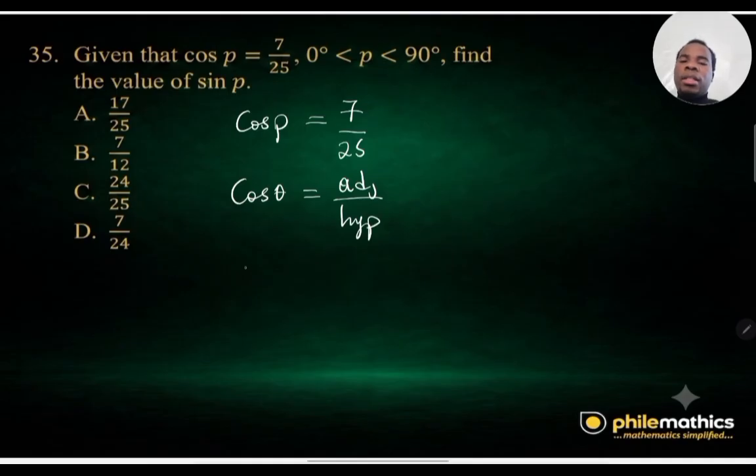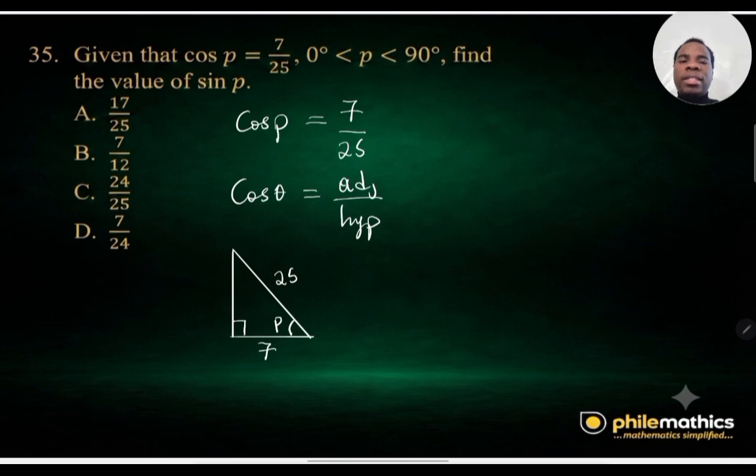And if we sketch this, we'll have this is 90 degrees. If this is the angle P, adjacent is where you have these two angles. So this would be 7, and hypotenuse is the longest side. This is our 25.